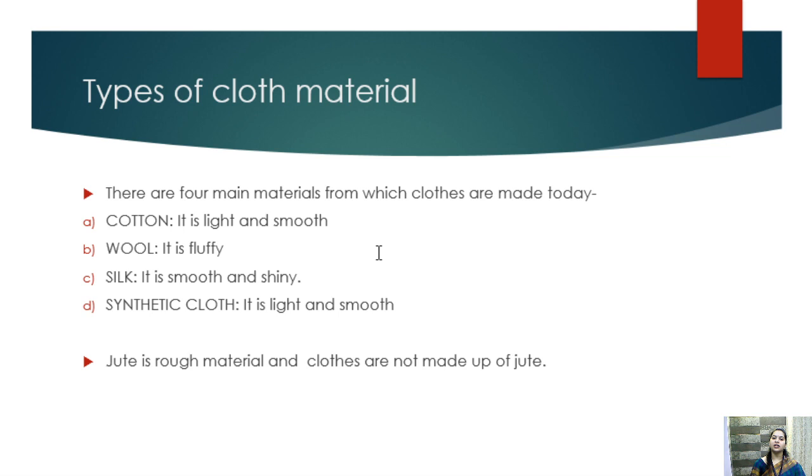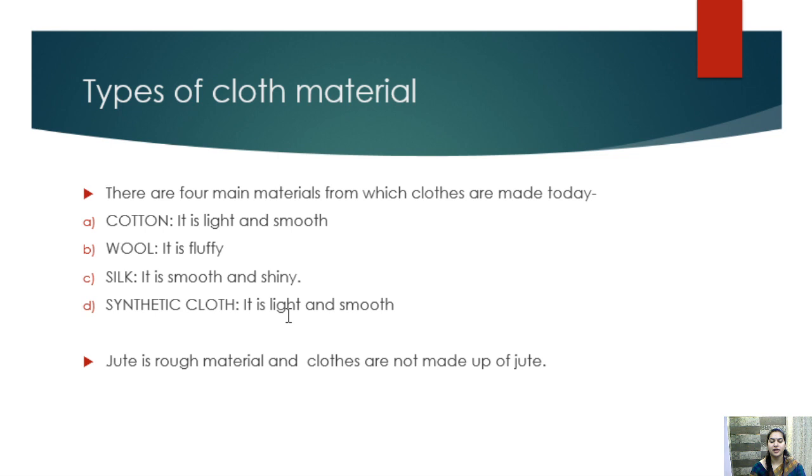So apart from these, we also have some synthetic cloths. Synthetic cloths are basically very light, strong and smooth. And nowadays, various clothing materials are made from synthetic cloth. Okay. Apart from these materials, we also have jute.